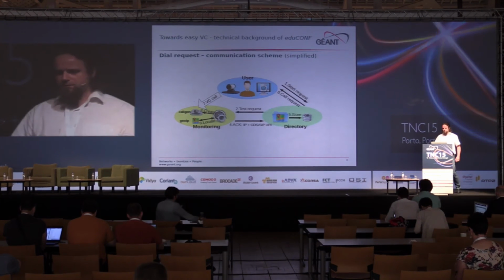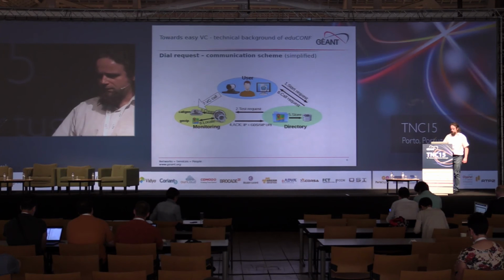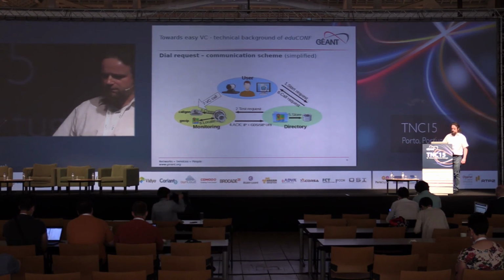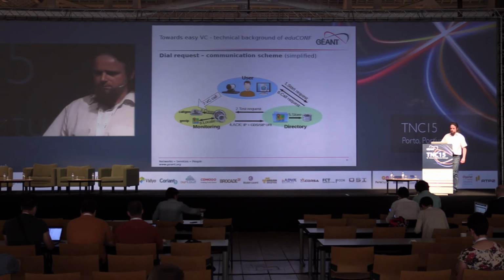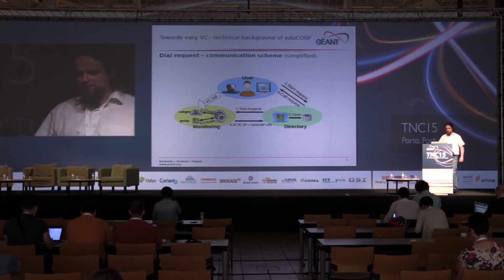This is the dial request scheme. So the user presses the start button and the directory forwards this request to the monitoring system. The monitoring system is responsible for creating a virtual terminal. The CallGen is used from the Opal library. And this virtual terminal is being registered in the gatekeeper.